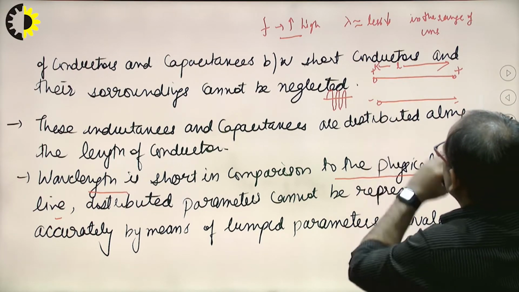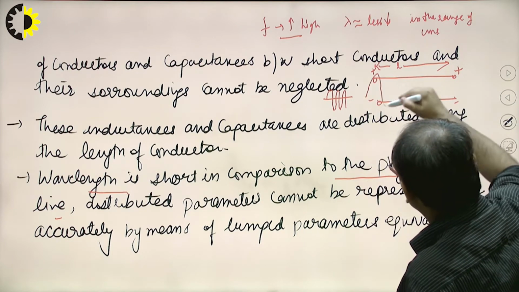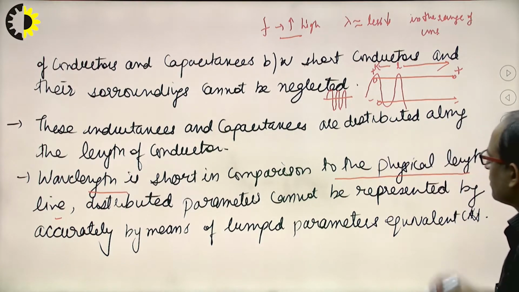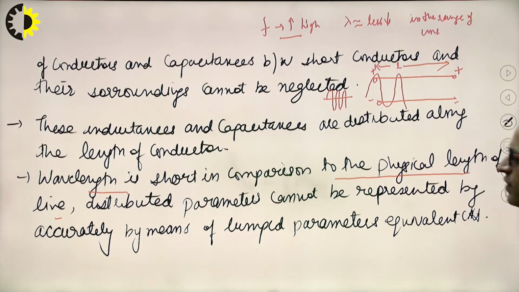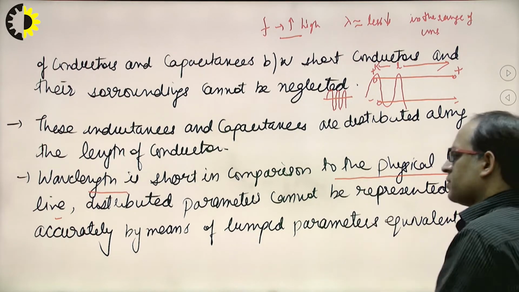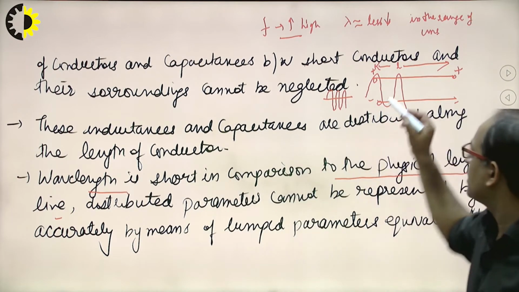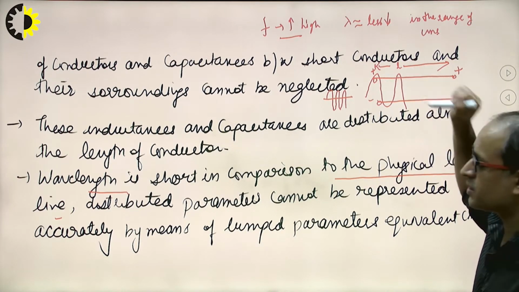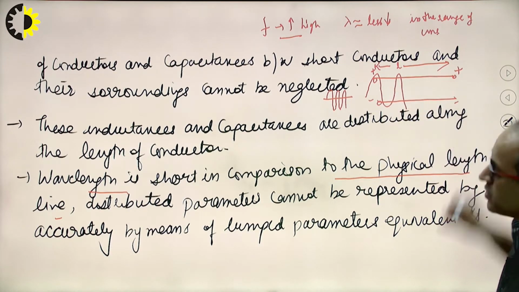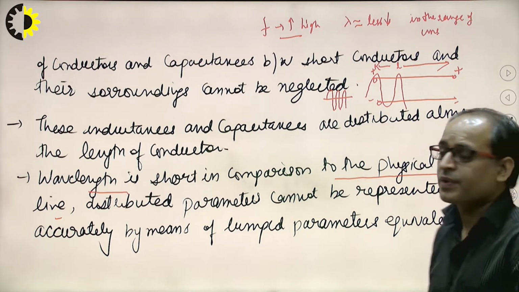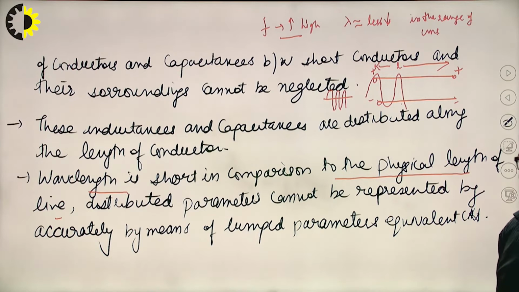So the physical length of the transmission line is very large in comparison. When this wave is transmitted along this line, the wavelength is very short in comparison to the physical line. So the phase, inductance and capacitance also vary along the length of the line, or I can say the voltage at each point changes.